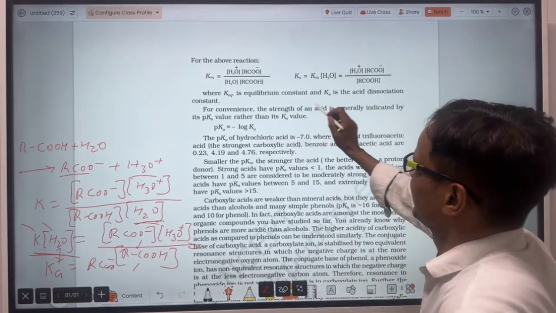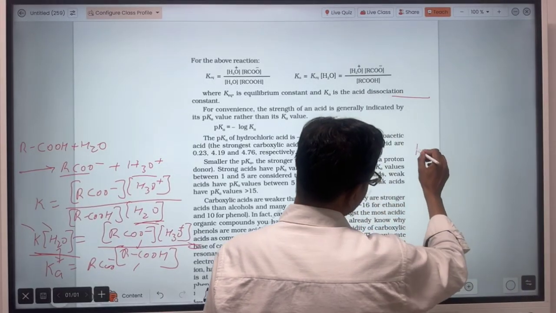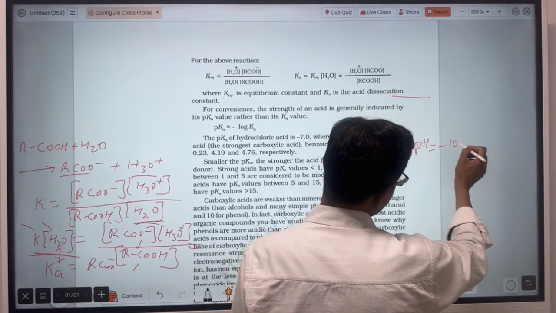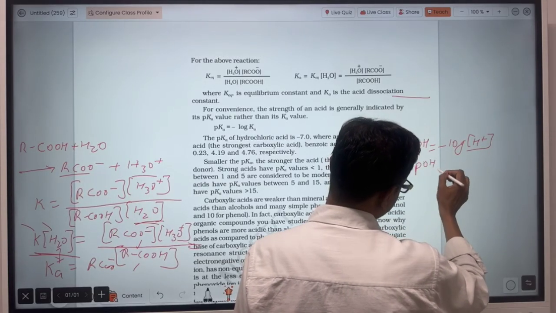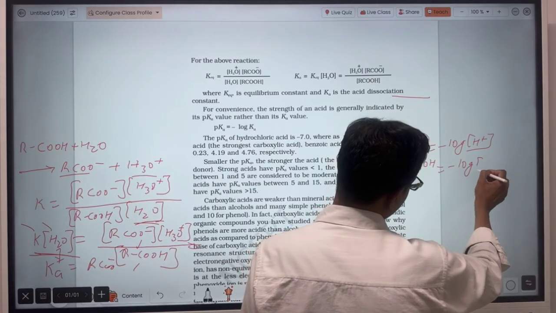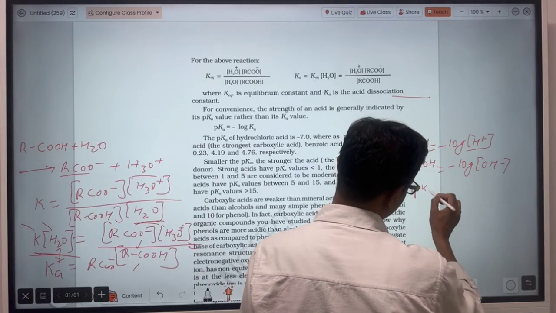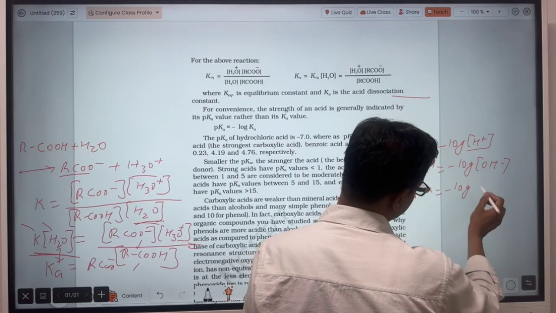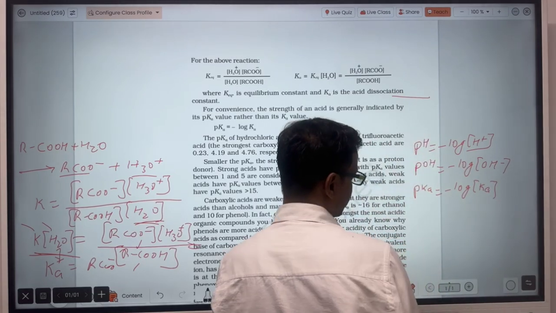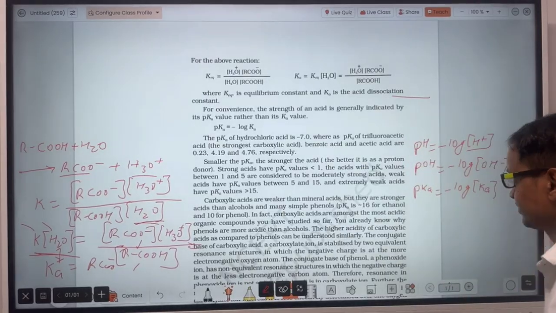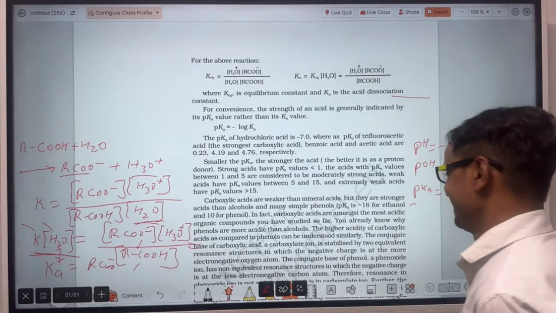Here Ka values have been given for the compounds. Just as pH is equal to minus log concentration of H plus, or pOH is equal to minus log concentration of OH minus, in the same way pKa is equal to minus log Ka. Here a negative sign has been inserted.